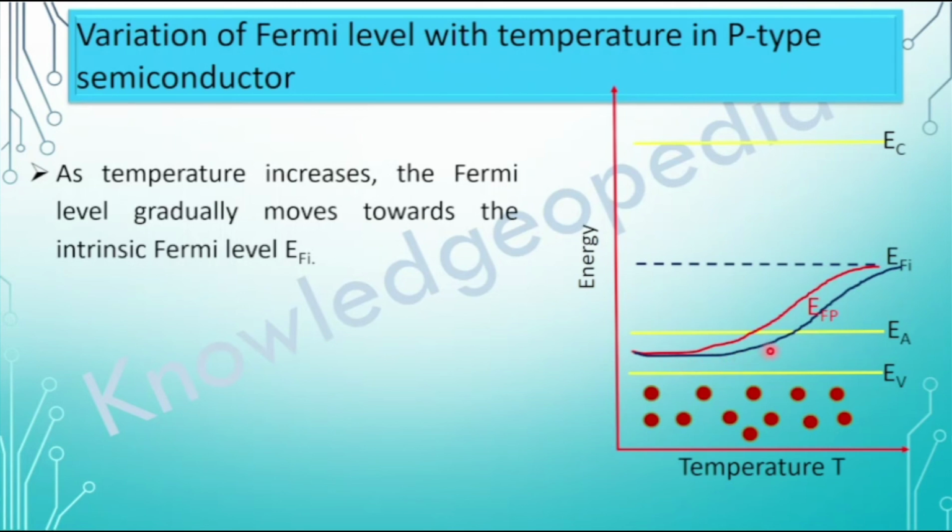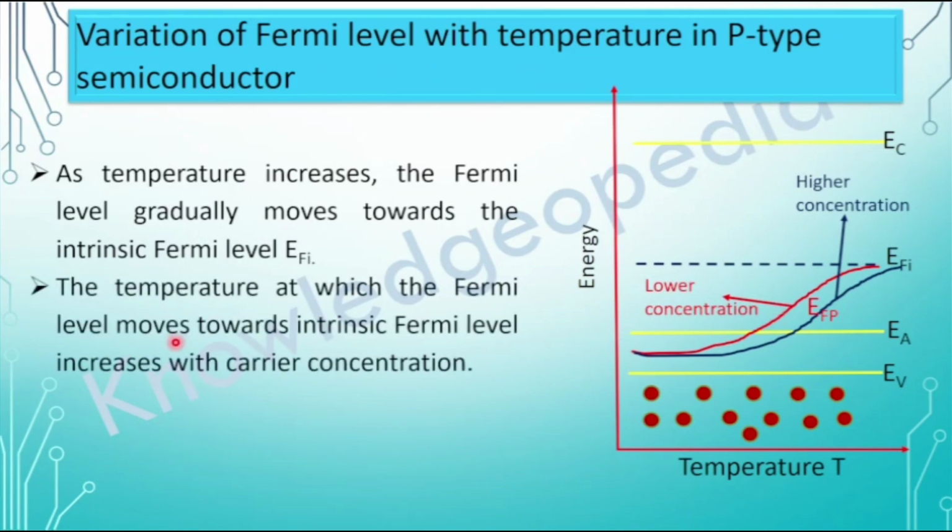Here this blue one is for higher concentration of dopant and this red one is for lower concentration. What we have concluded is the temperature at which the Fermi level moves towards the intrinsic Fermi level increases with carrier concentration.